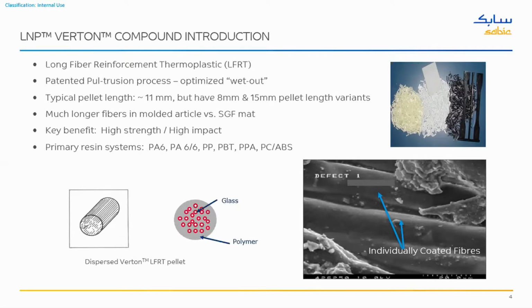As you can also see, the portfolio covers different resin systems: polyamide based, PP, PBT, PPA, and some high heat materials, which are mainly used to cater to different applications and meet the specifications of different industries. In today's topic, we will go into more detail on the technological aspects with the polyamide 6,6 based long glass fiber material.